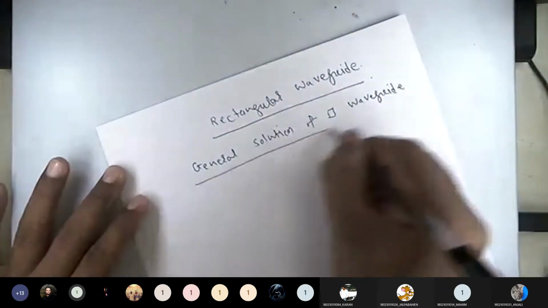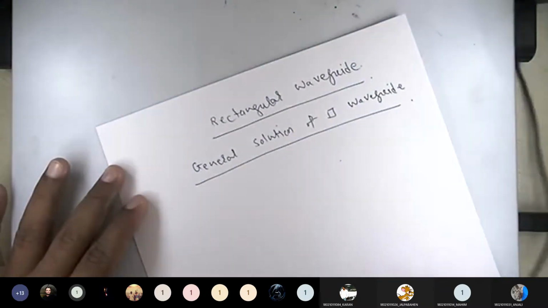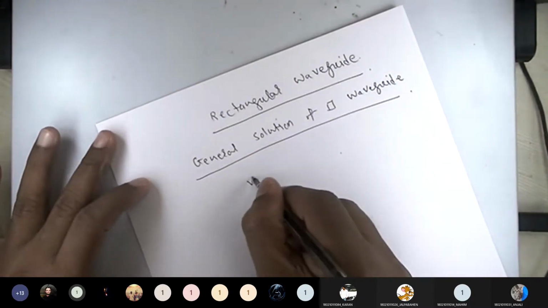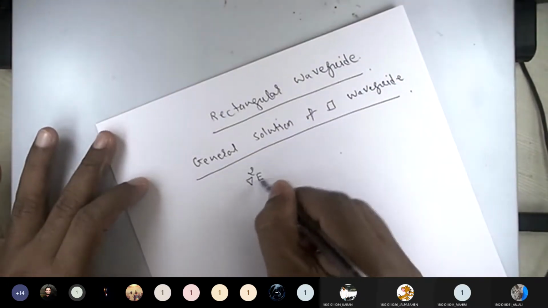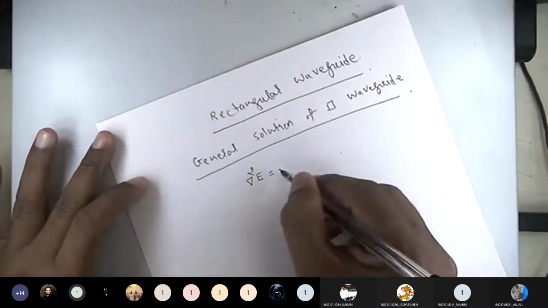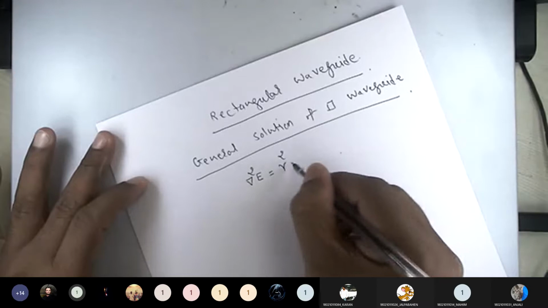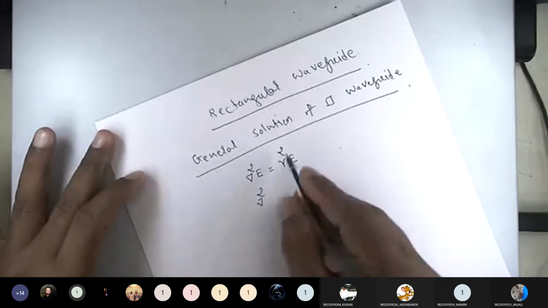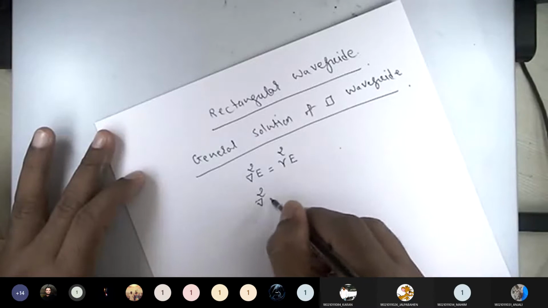And for obtaining this general solution, we have used the two wave equations, that is nothing but our very common two E and H wave equations.